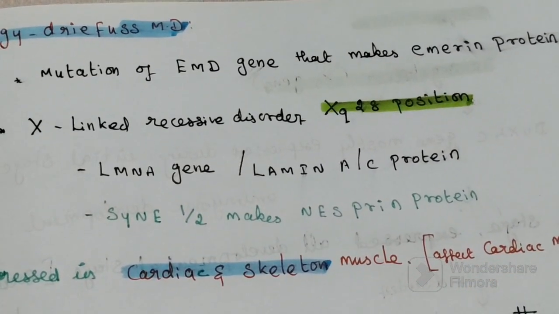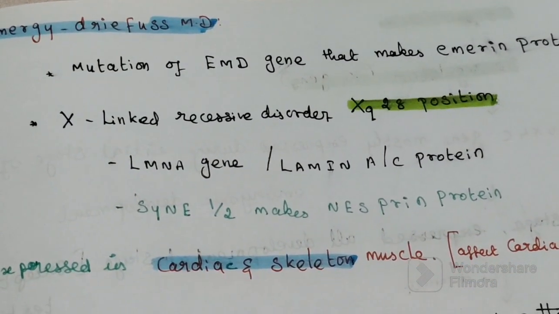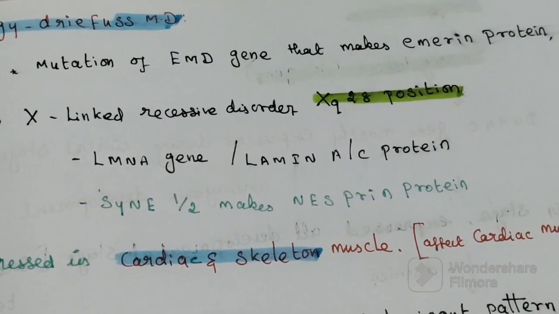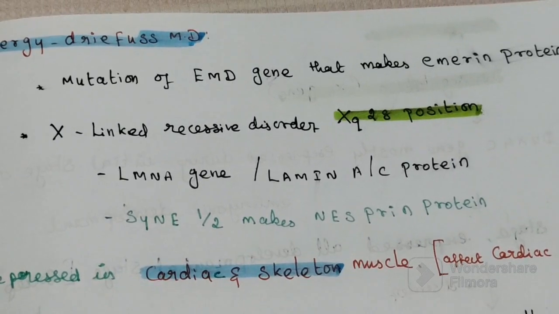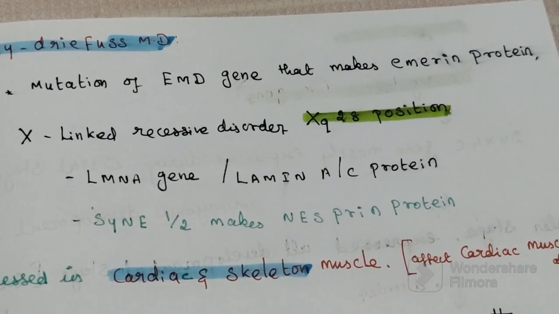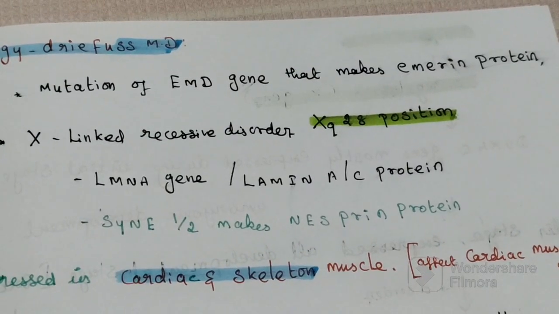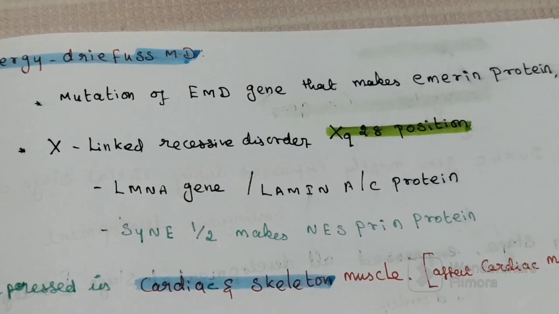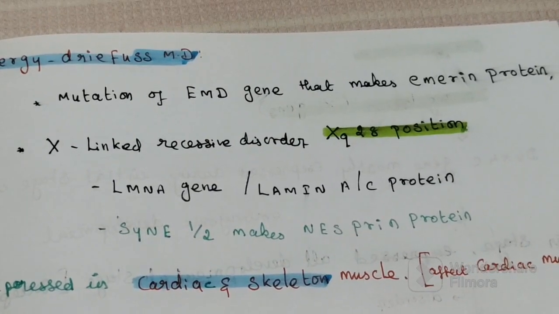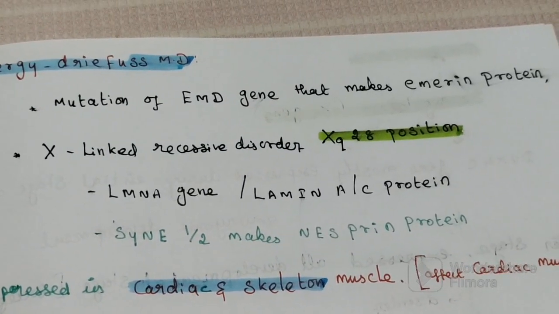This one is an X-linked recessive disorder whose gene is present on the X chromosome at Xq28 position, but there are other genes also that contribute to EMD.